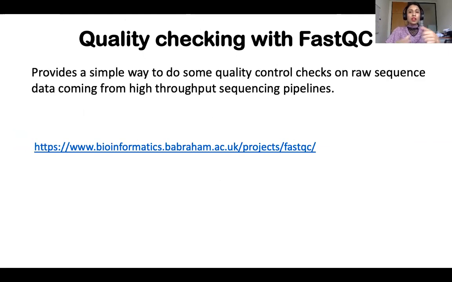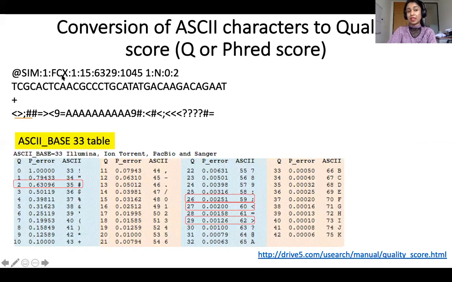As I mentioned, you don't have to do this manually. It would be crazy to sit and do this manually, because with each sequencing output we get about 20 million reads. This is just one read, and this is a short fragment. Usually we get 150 to 300 bases. This is maybe 30 or 40 bases.